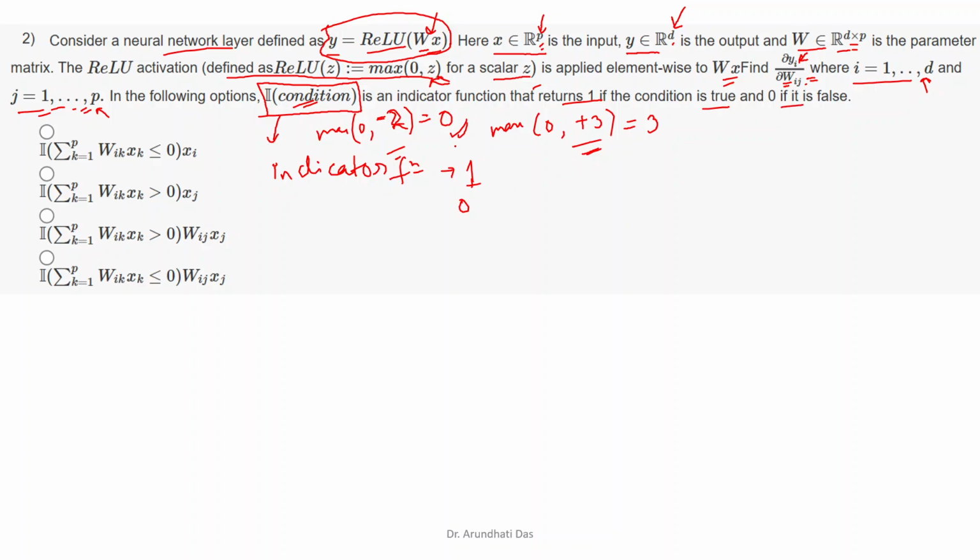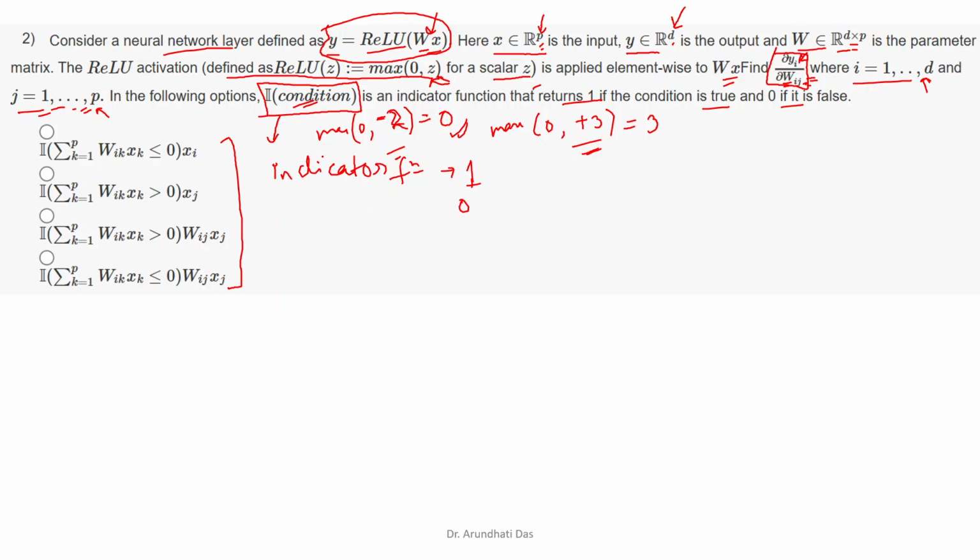Then we have to find the derivative of the output yi with respect to all the weight parameter values, and that derivative will have the form of one of these 4 options that are given. So let us start.